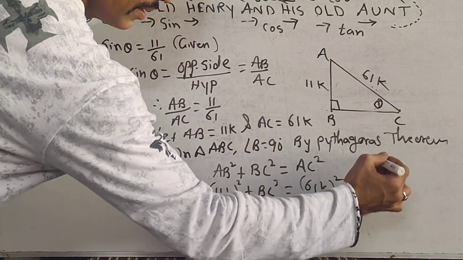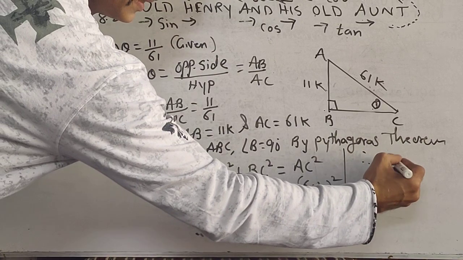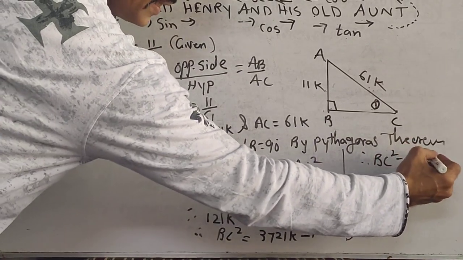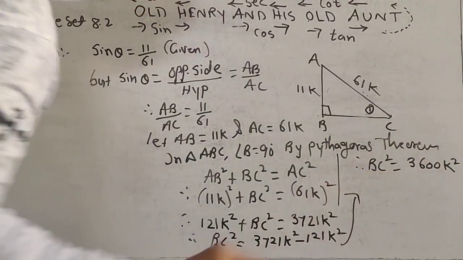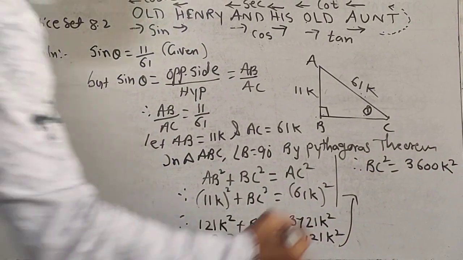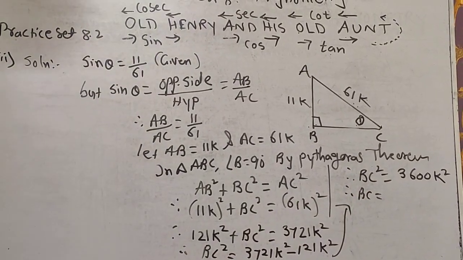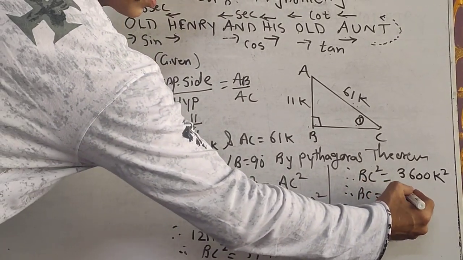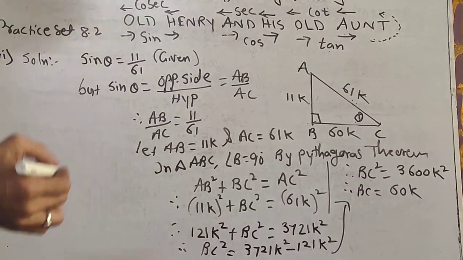Writing here, okay, therefore BC square is equal to 3600 k square, okay, and therefore BC will be 60k. So you got now 60k, okay.